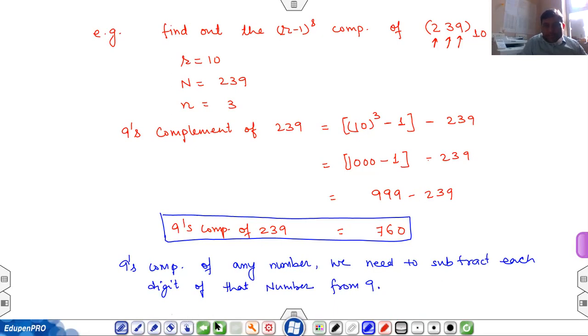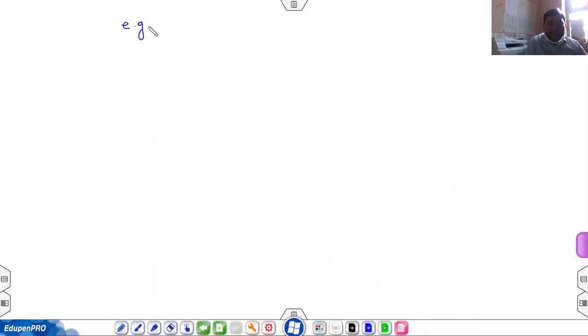For example, the 9's complement of 37 will be 99 minus 37, and this will be 62.